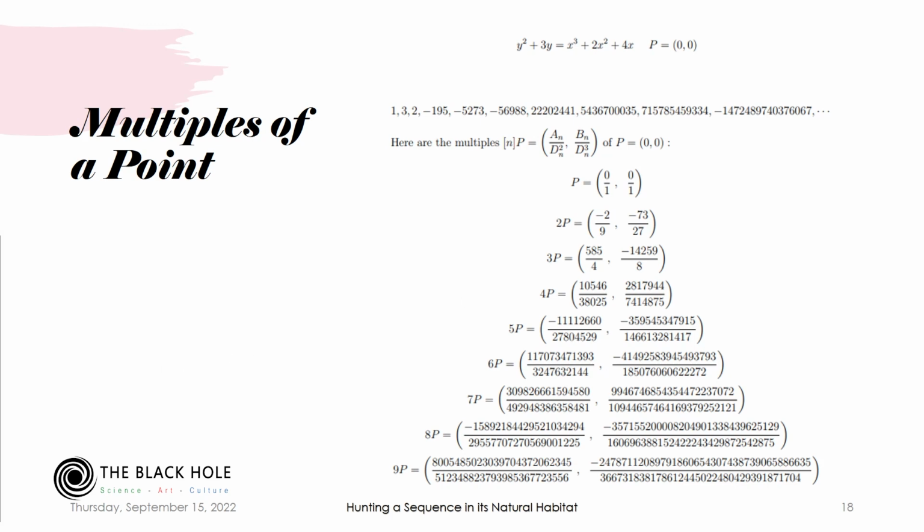And if we extract all these denominators, now we see this is the square of 3 and cube of 3, square of 2 and cube of 2, square of this number 195 and cube of 195, and so on and so forth. So the sequence that we get as a result of this process, this sequence is what we were hunting, and this is the natural habitat of this sequence.